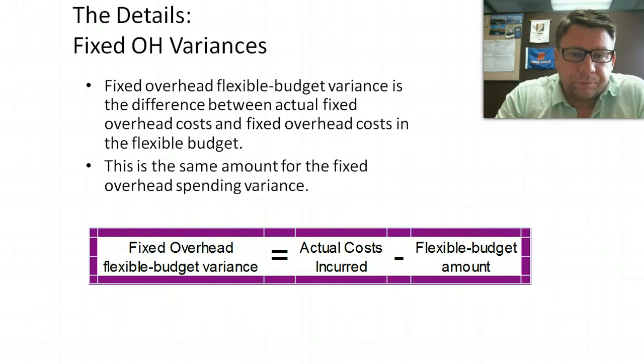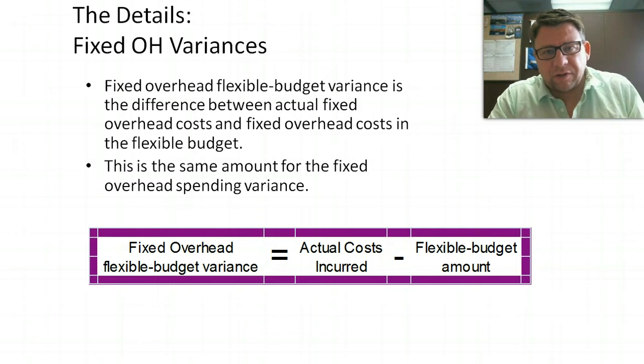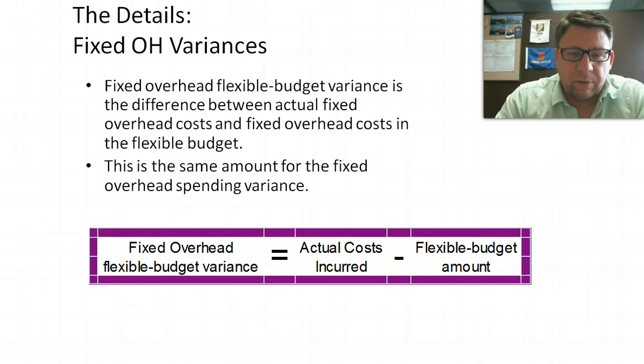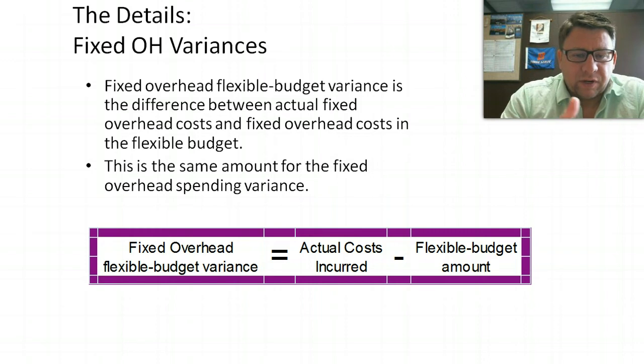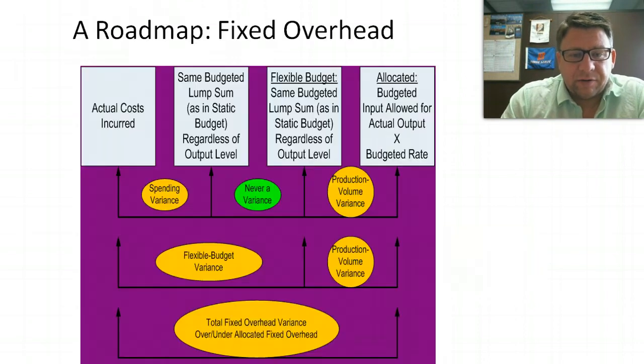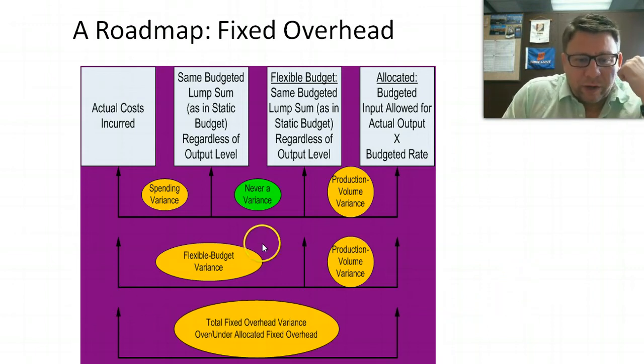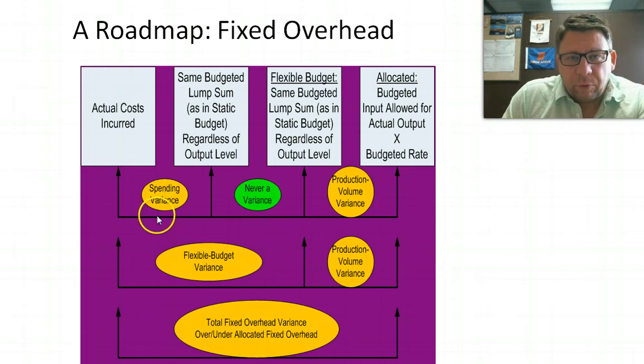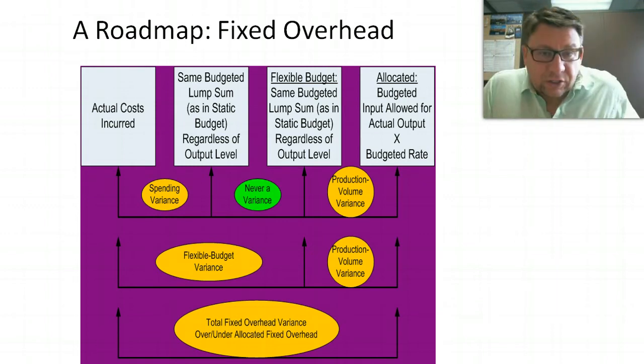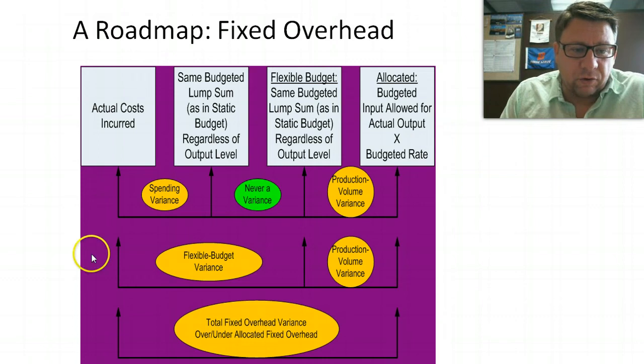So our fixed overhead flexible budget variance is the difference between our actual cost, our actual fixed overhead, and what our flexible budget amount was. We're going to see in a second that's the same as the spending variance. So let's look at this roadmap for our fixed costs. As you recall, when we have previously looked at either our direct variances or even our variable cost variances, we tended to break this out into two categories.